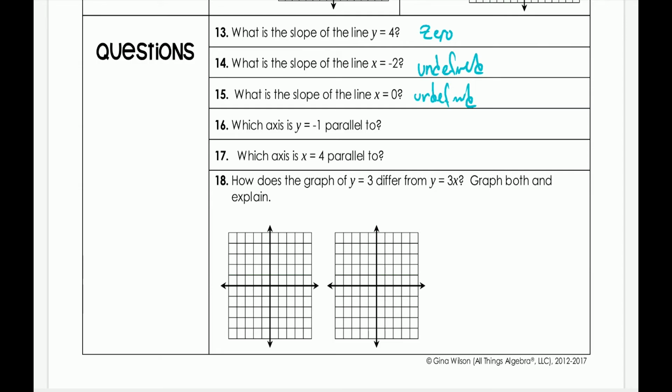It's horizontal. And since it's horizontal, we know that it's going to be parallel to the x-axis. Next one is, which axis is x equals 4 parallel to? Well, x equals 4 is a vertical line, and the vertical axis is the y-axis.